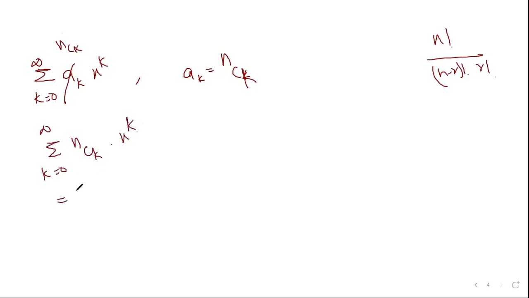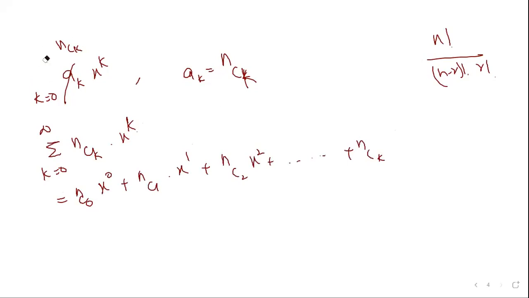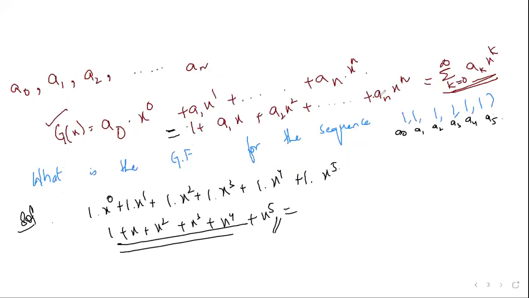Now if I expand it, it will be nC0 x power 0 plus nC1 x power 1 plus nC2 x square and so on up to nCn. Here instead of infinity I need to have n, so k is equal to 0 to n, because we had only n terms, that is why we need to have n over here.